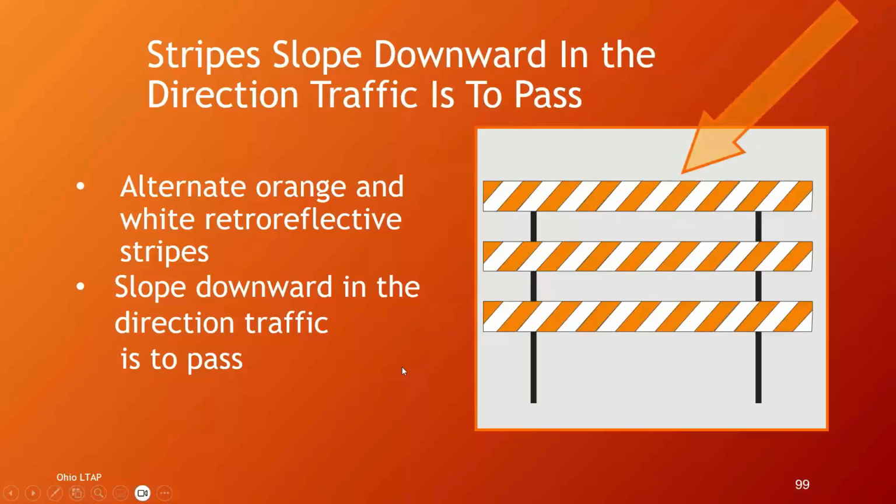So they are striped with the stripes sloping downward in the direction the traffic is to pass. Maybe if you're approaching a tunnel or a narrow overpass, or is it an underpass? Anyway, you might see stripes on both sides that direct you to drive between those stripes.